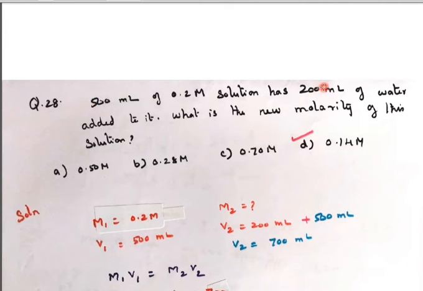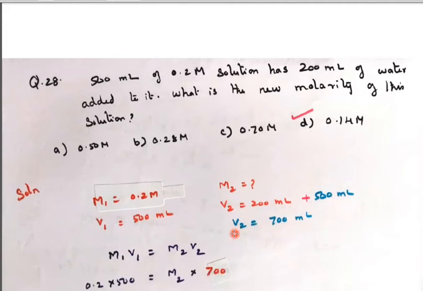Here volume V2 is required, but molarity M2 is not given. Since 200 ml is added to the 500 ml, we get 700 ml as the second volume.